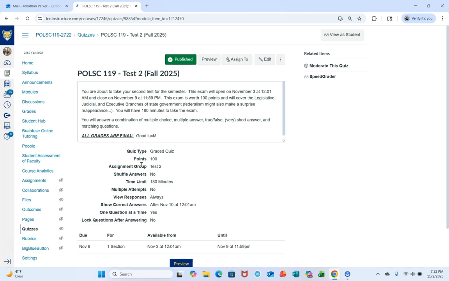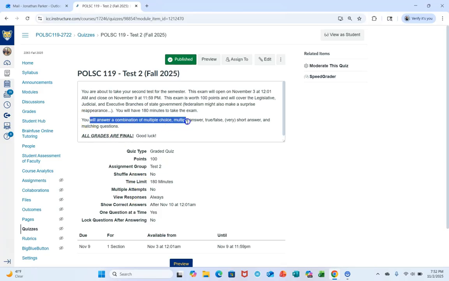So don't click out of it. Again, do not click out of it. You're going to have a long time to take the exam, but you're only going to have one opportunity to take it. Meaning, if you click out of it and try to get back in, Canvas isn't going to let you because you only get one shot. It's just like the first test.